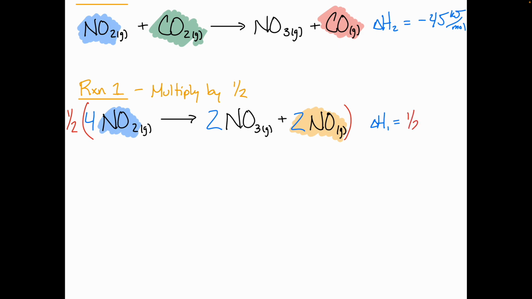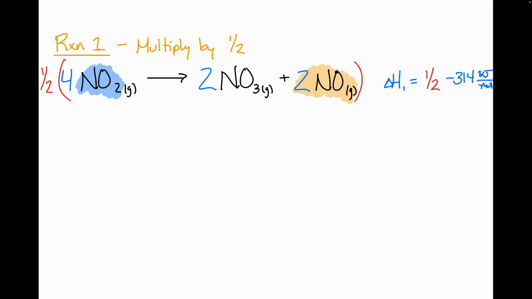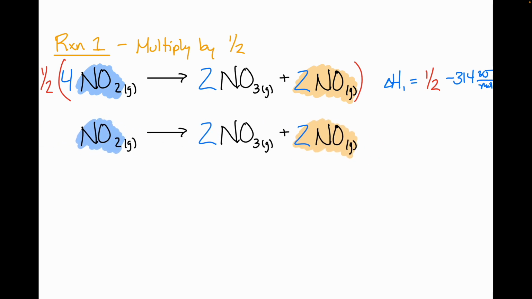Our delta H value then will be 1/2 of that initial negative 314 kilojoules per mole value. So my new chemical equation here will have all of those coefficients divided by 2. Now we have 2 NO2s decomposing into 1 NO3 and 1 NO. And we're going to take that 314 and divide it by 2, 157 maybe.